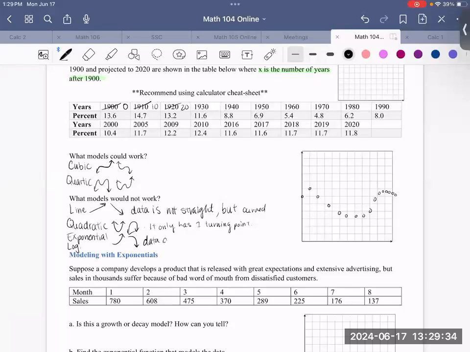Data does not have a dramatic increase or decrease. Logarithmic, this one doesn't have a flatten out. Data does not flatten.